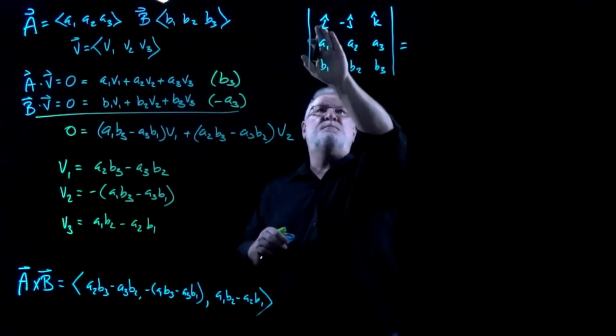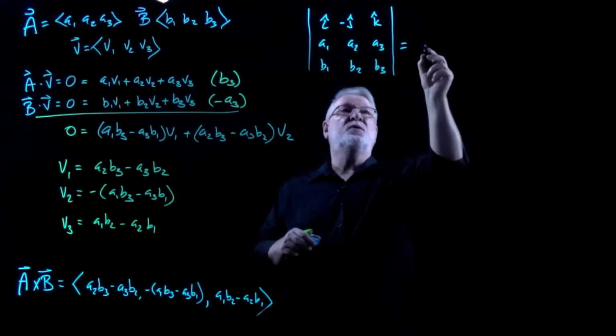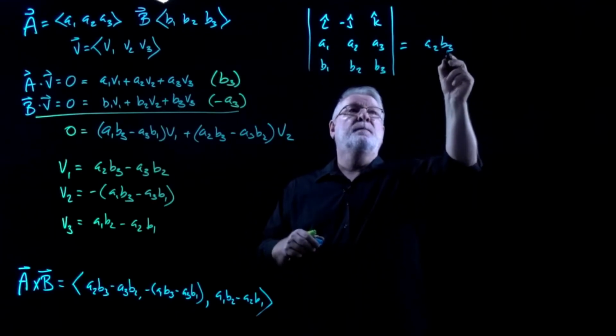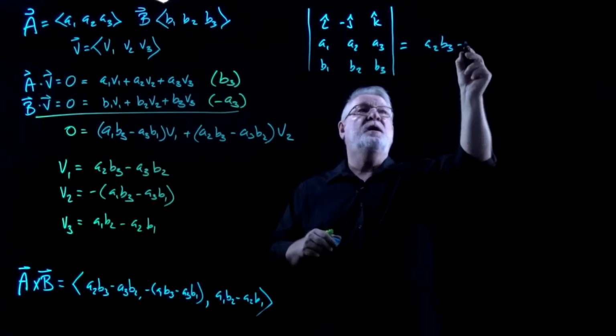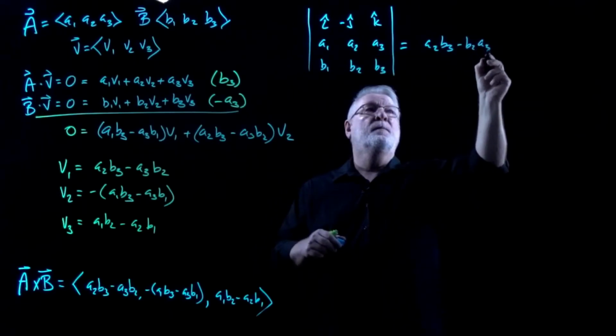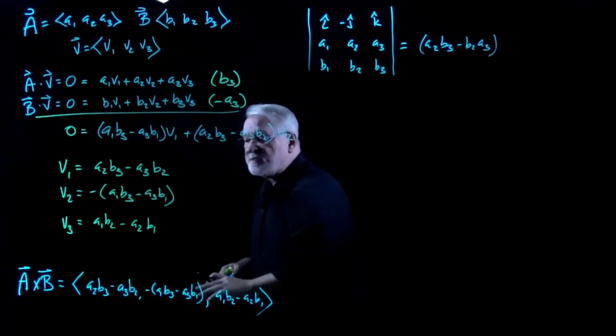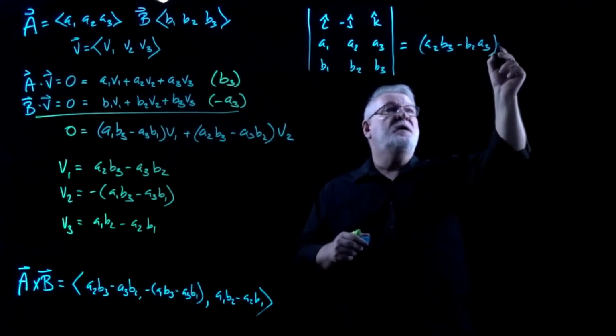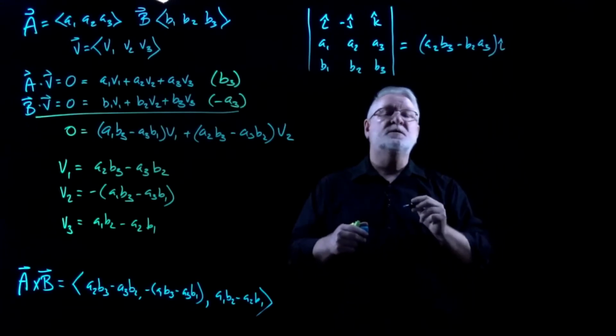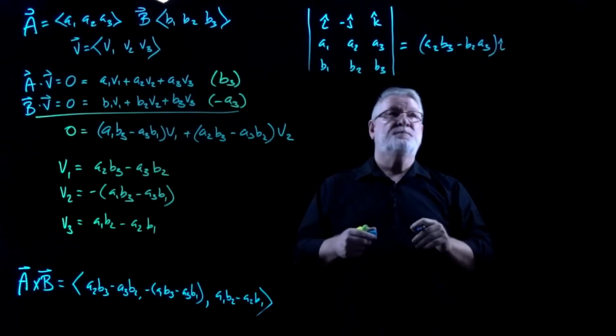So i is blocked out, and I take A2, B3 minus B2, A3. And notice that's exactly what this first term is. And that's all in the i hat direction. So it tells me that it's in the x direction.